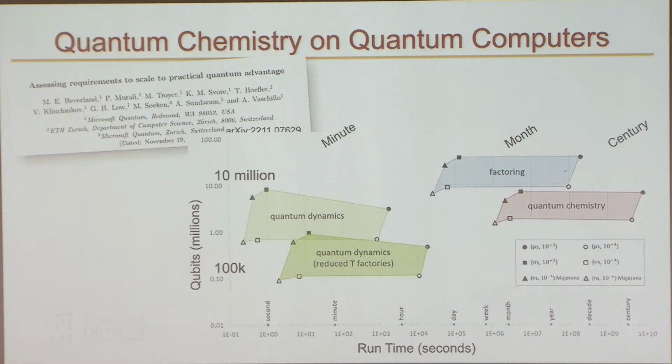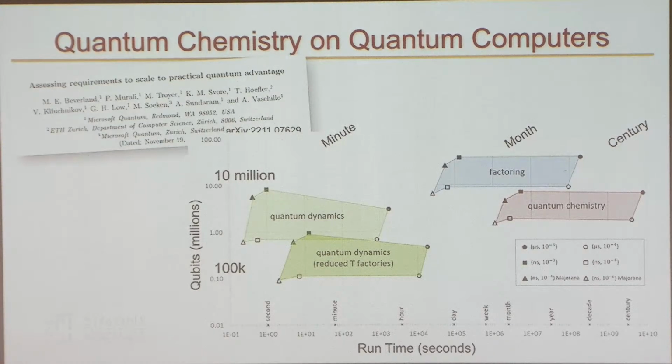Just for comparison, here is a nice paper from Microsoft, which gives a somewhat state-of-the-art estimate of the most important potentially useful quantum computation problems, and where they fall in terms of how many raw qubits one needs and what would be the runtime to solve one problem.